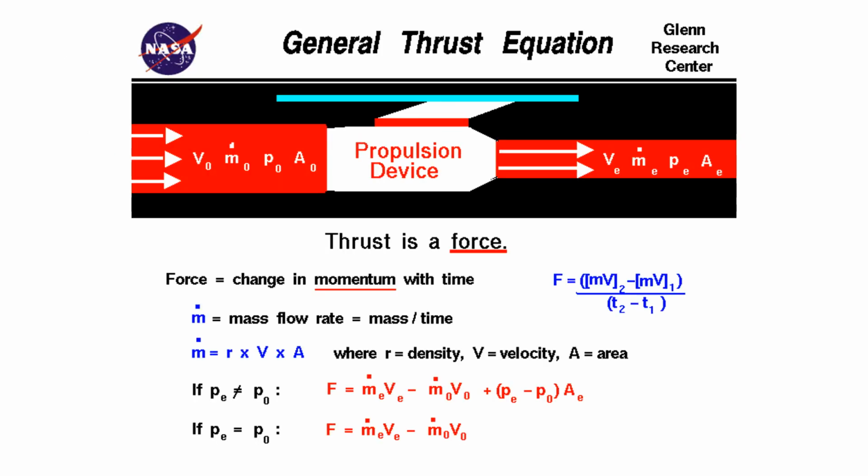So the general thrust equation, what we have understood so far, is that thrust comprises two components. One is your pressure thrust and the other is momentum thrust. The most important one would be your momentum thrust, which is adding to your propeller, which is actually creating the required thrust. And pressure thrust is not that important.